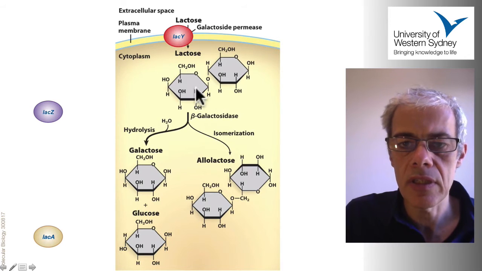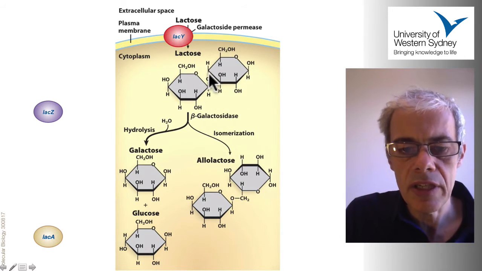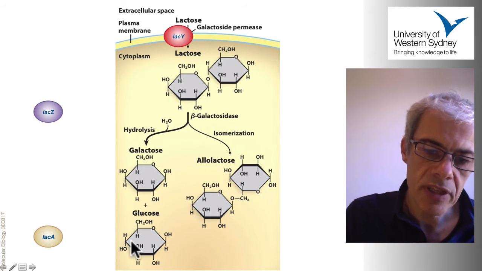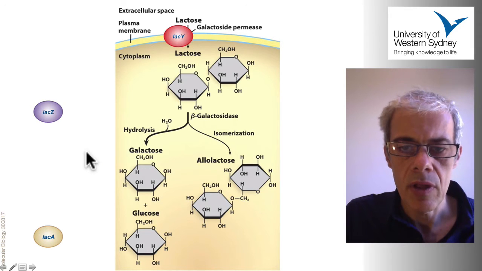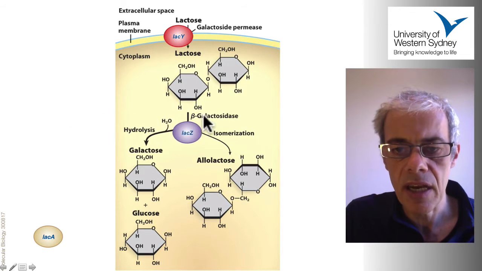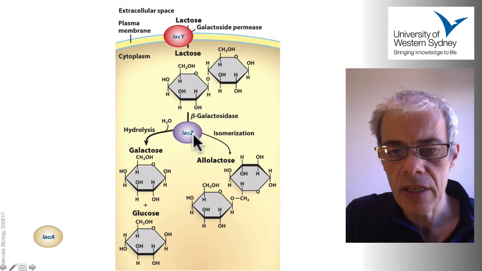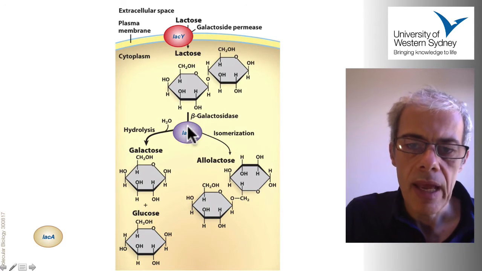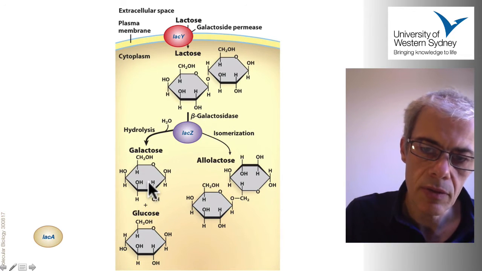This gives us intracellular lactose, and then the lactose needs to be converted particularly into glucose so that it can be metabolized. Beta-galactosidase is the product of the LacZ gene, and this enzyme cleaves lactose into glucose and galactose.